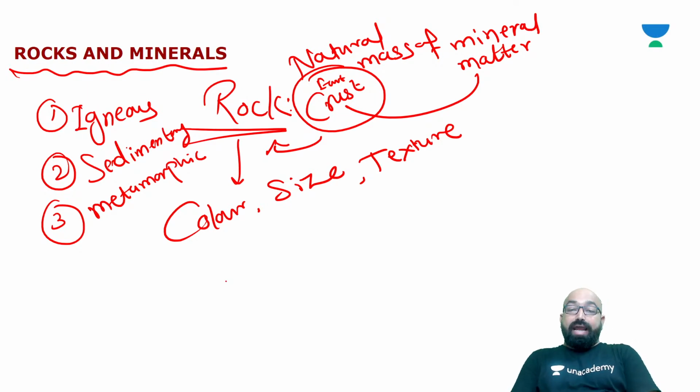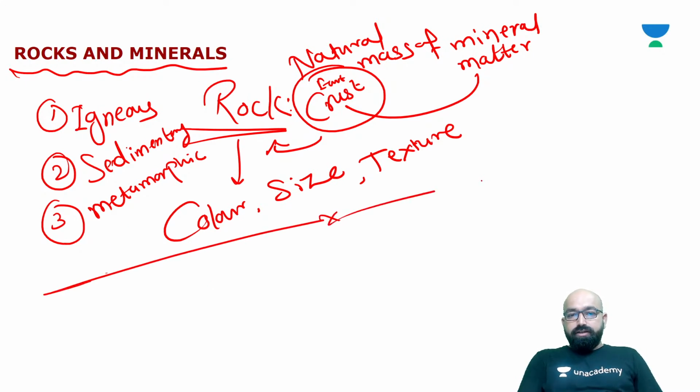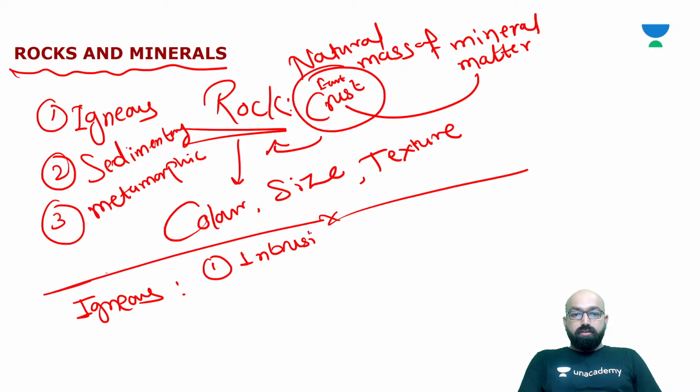They are also called primary rocks. Igneous rocks are divided into two types: intrusive and extrusive.